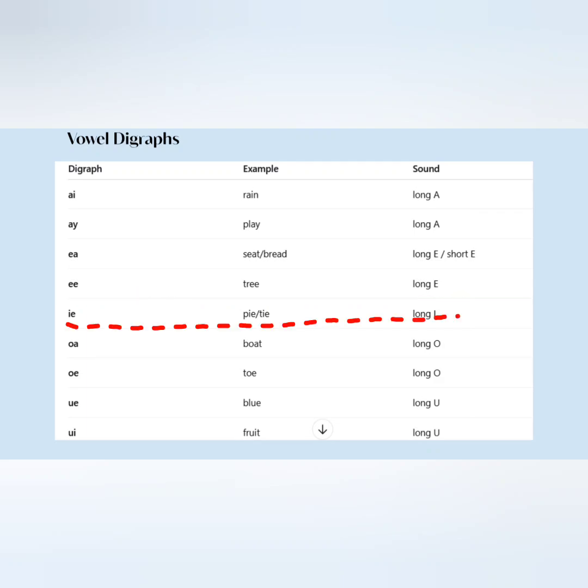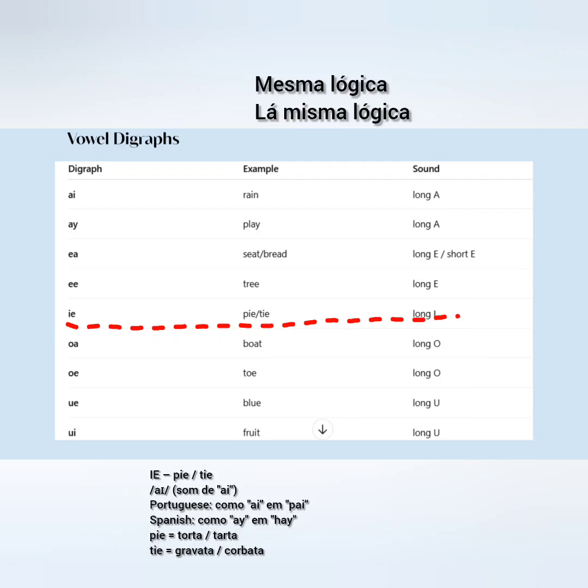Then we have IE. So this also follows the same logic. I will be pronounced, E will be silent. So I. So it's a long I. Pie, tie.